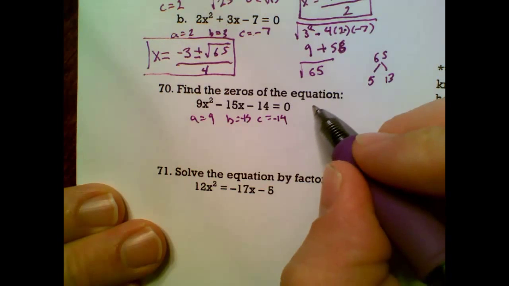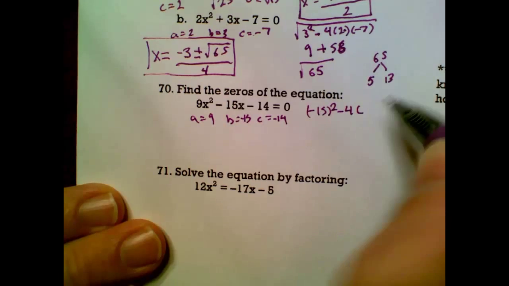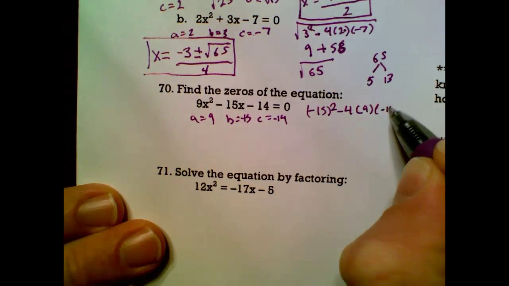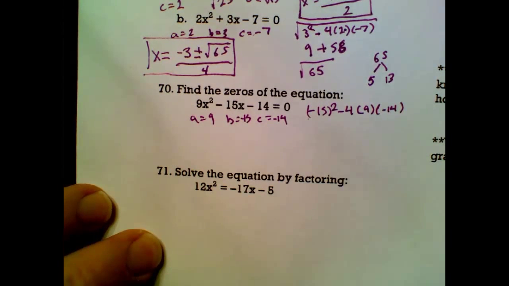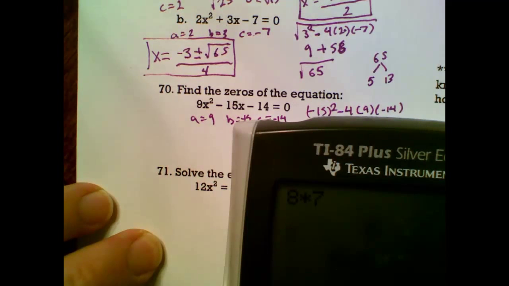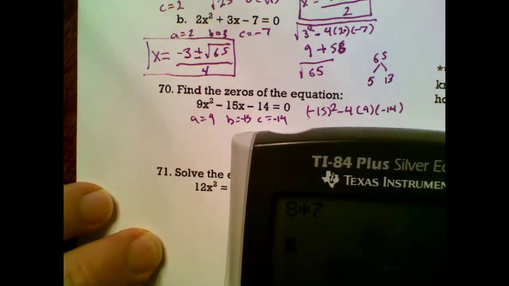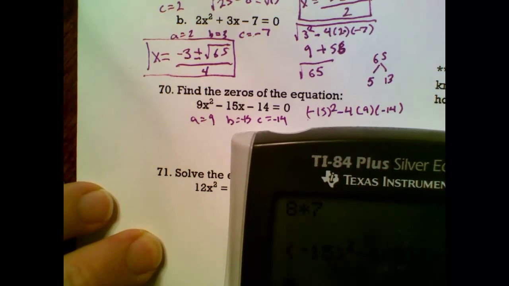So we got -15 squared minus 4 times 9 times -14. Now, make sure you use parentheses here or everything could be messed up. Let's put this in our calculator. -15 squared minus 4 times 9 times -14. 729.